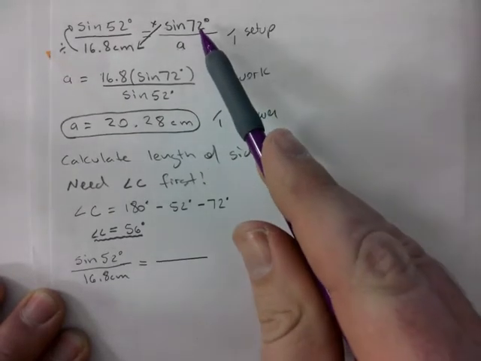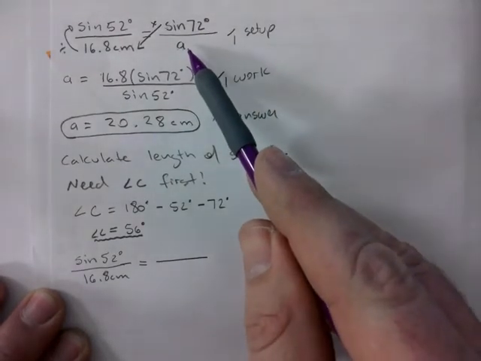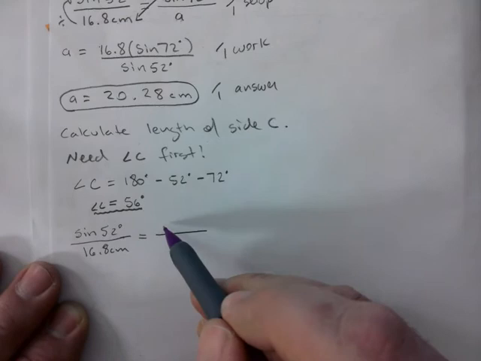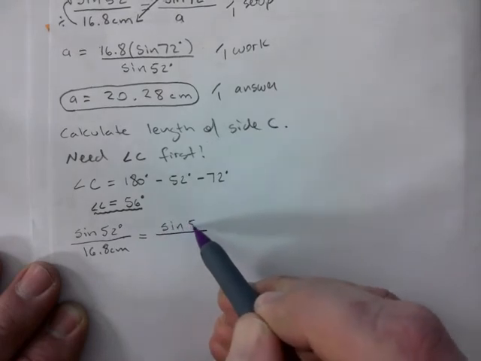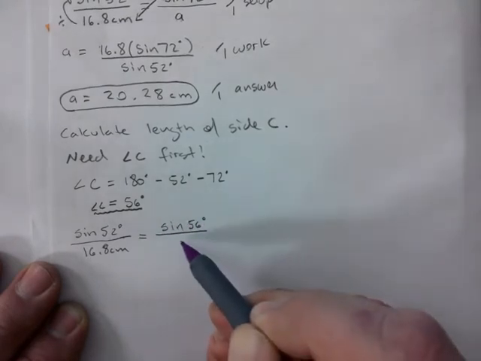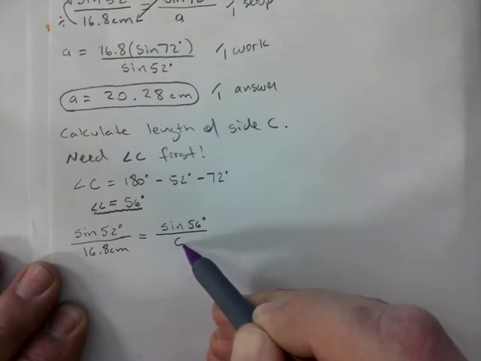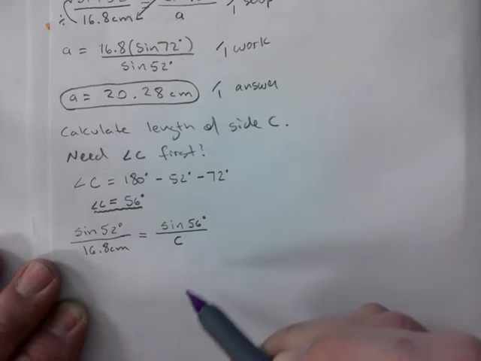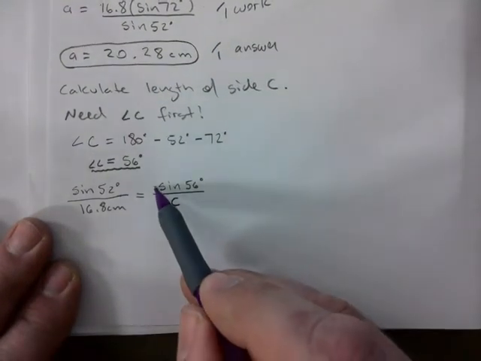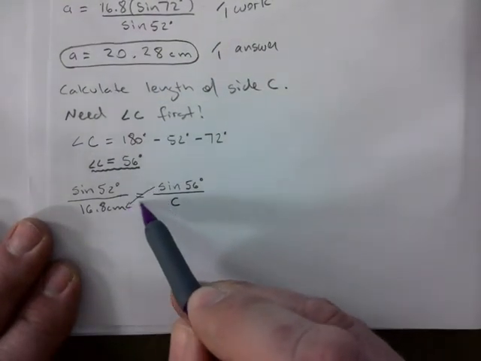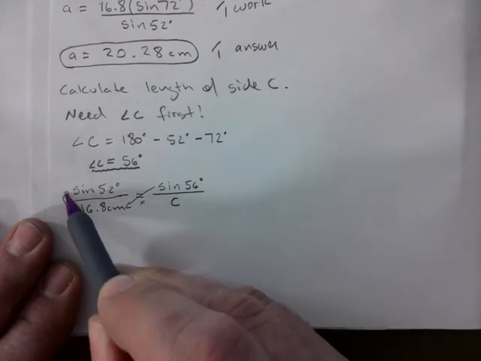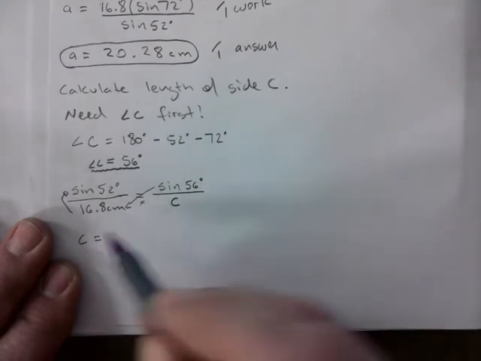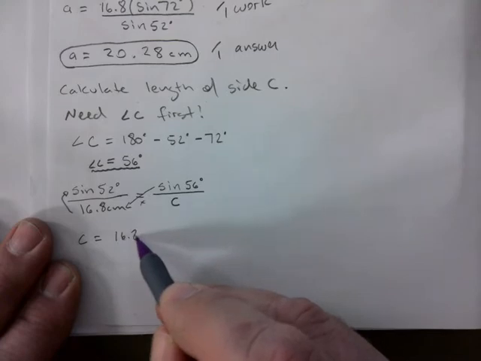Before I had sine of 72 to find A. Now I'm going to use sine of 56. Sine of 56 to find which side? Side C, which is across from that angle. And then the story repeats. Cross multiply and divide. Please show this step in between.